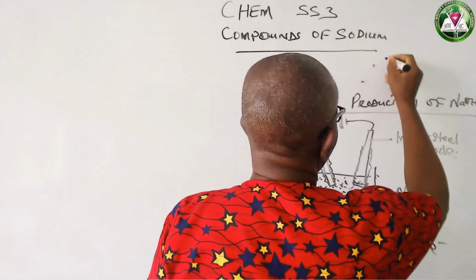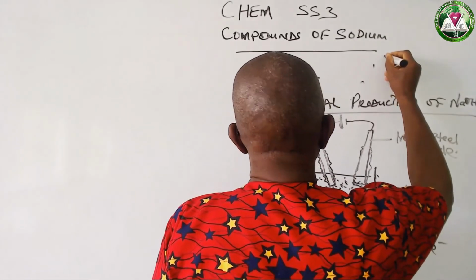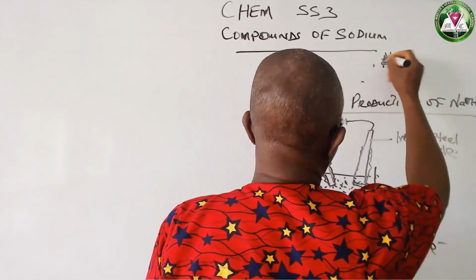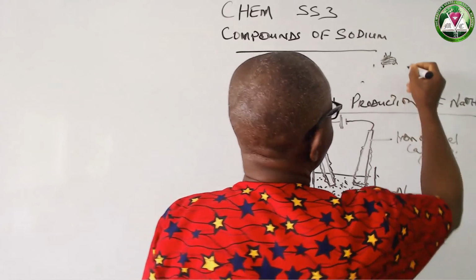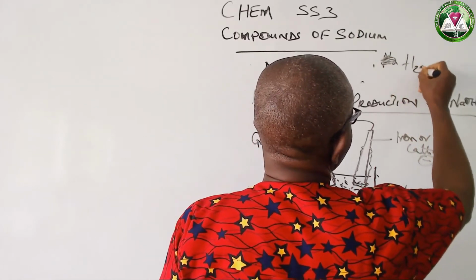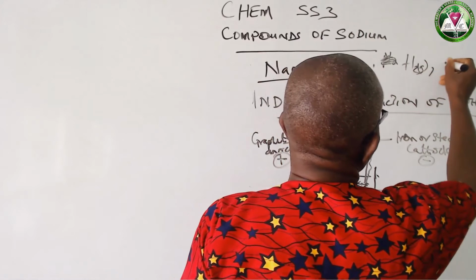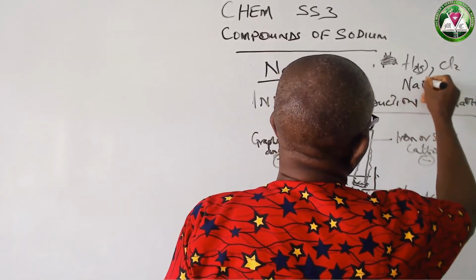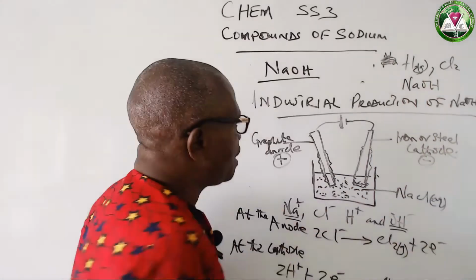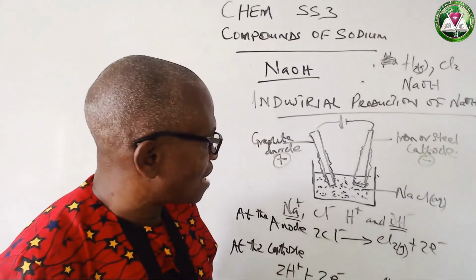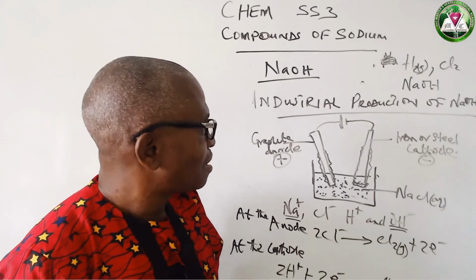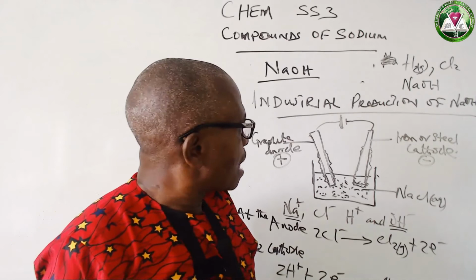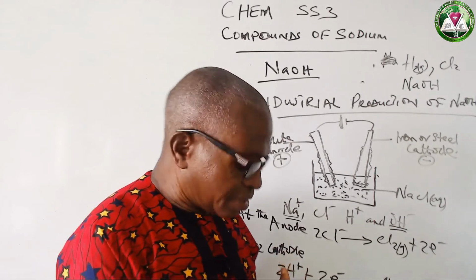One of them is hydrogen gas. The second one is chlorine gas, and the third one is sodium hydroxide. The hydrogen gas is formed at the cathode, the chlorine gas is formed at the anode, and the sodium hydroxide is left behind in the beaker.